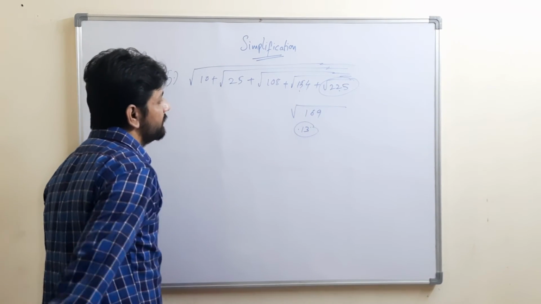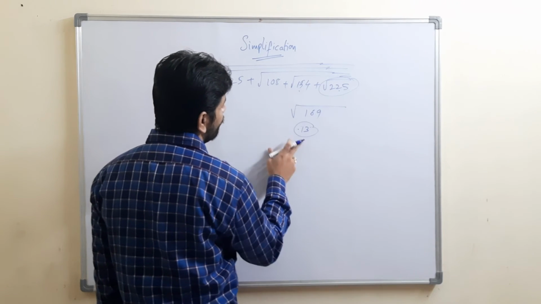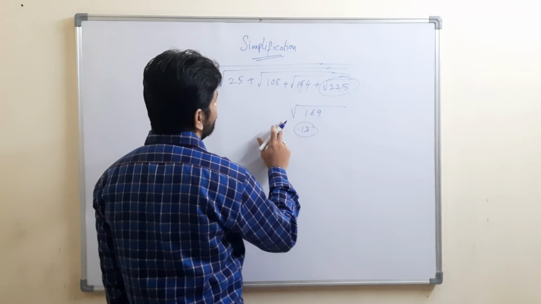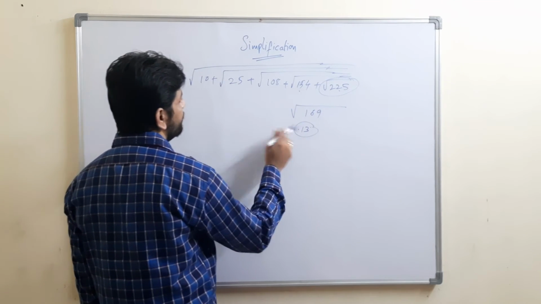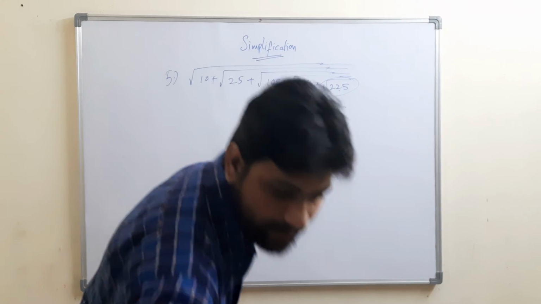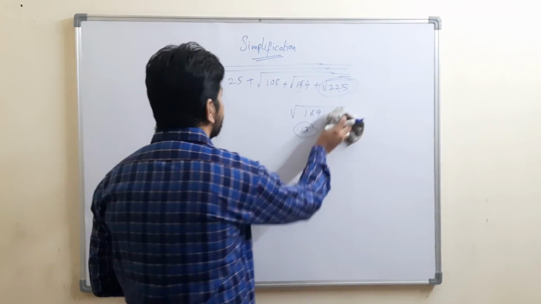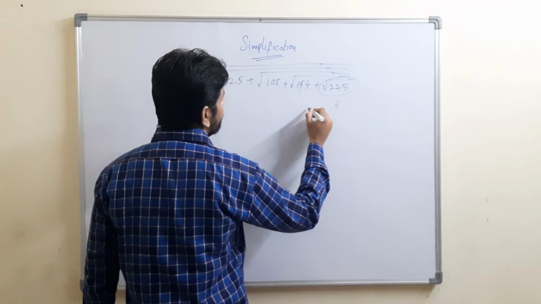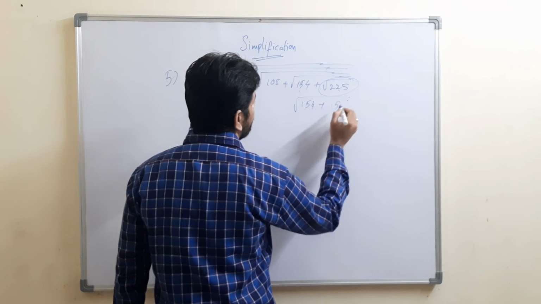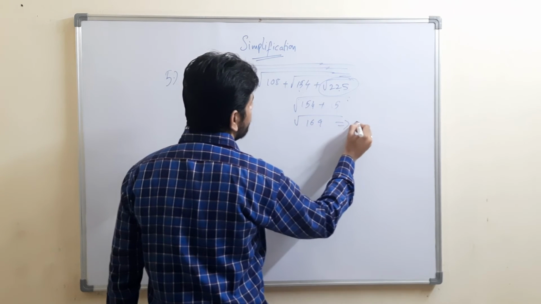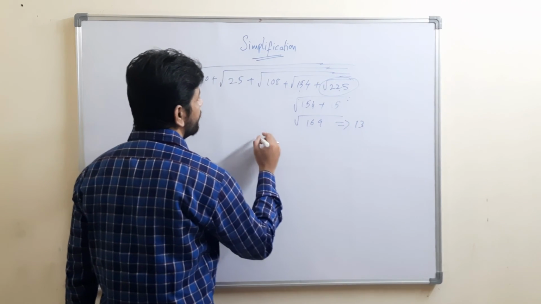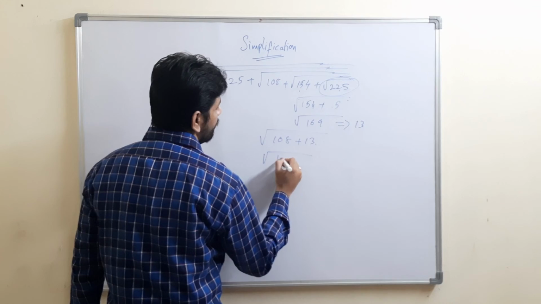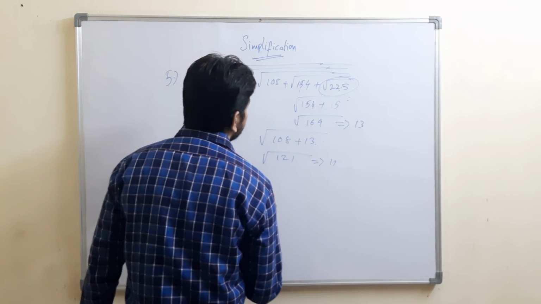13 plus 108 is 121, and the square root of 121 is 11. So we got 11.